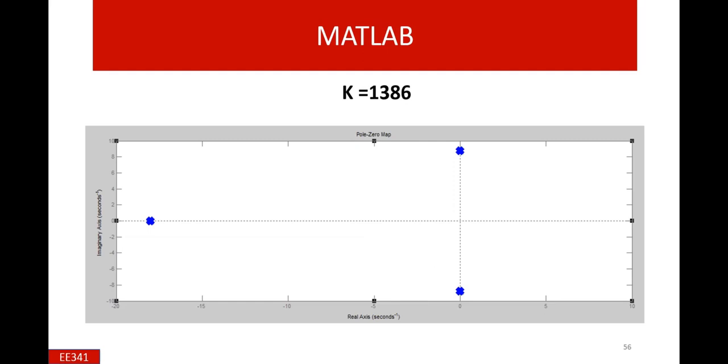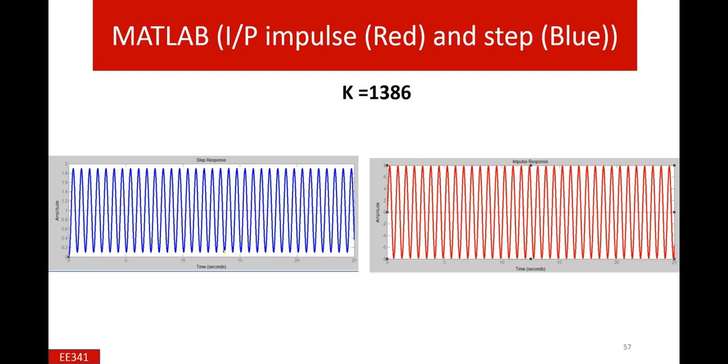The RH criterion is applicable to these types of systems if the closed loop transfer function is given, and by using the RH criterion we can easily design the value of k. If we choose k equal to 1386, then the system is marginally stable, and the oscillatory behavior shows for the impulse input as well as the step input.